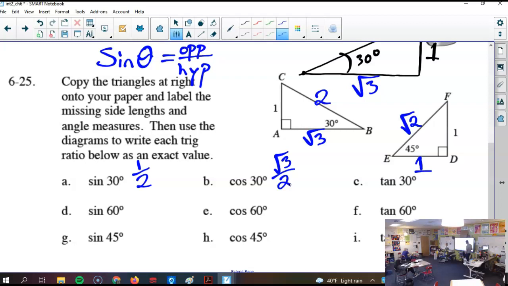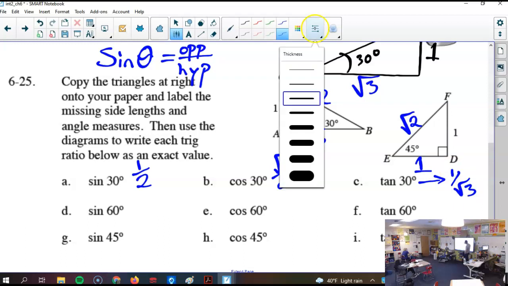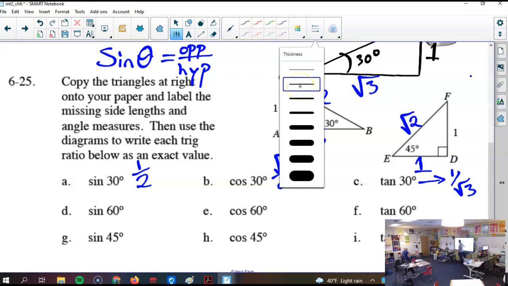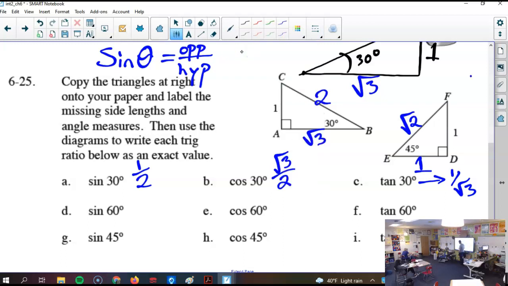Opposite over adjacent. I feel like we don't really need both sine and cosine. They're just like a convenience thing. So what's the cosine or the sine of 60? It's the same as the cosine of 30, because it's the same measure. What's the cosine of 60? It's the same as the sine of 30.